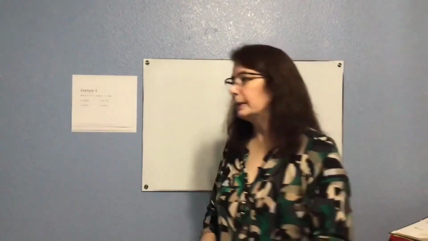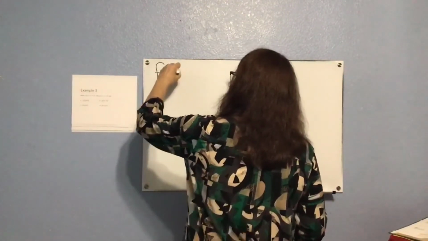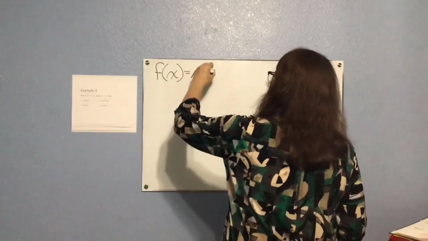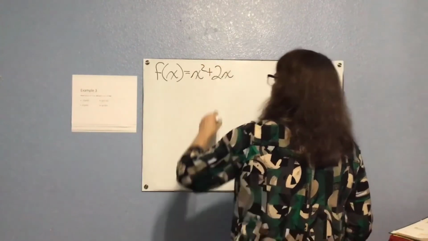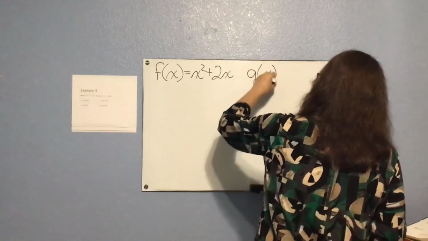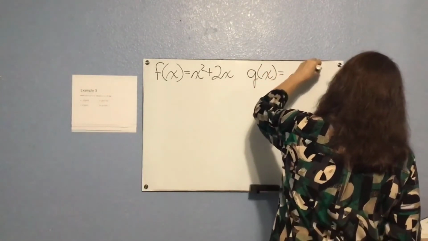Again, we have to think about the domain for each function to find out what the domain is for the composed function. Let's take a look. This time, f of x is equal to x squared plus 2x, and g of x is equal to x minus 4.